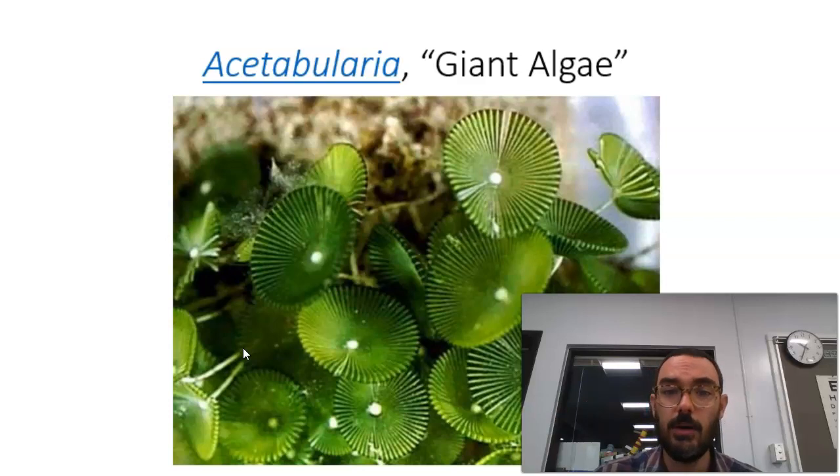So one thing you might want to note is that these giant algae challenge the cell theory because they're very large, and because they're highly differentiated to have different structures without adding multiple cells. So they're unusual because they have these highly developed structures like that fan and that stem, but they are still individual cells. So unusual cells, large, highly differentiated, but they do not reject the cell theory entirely.